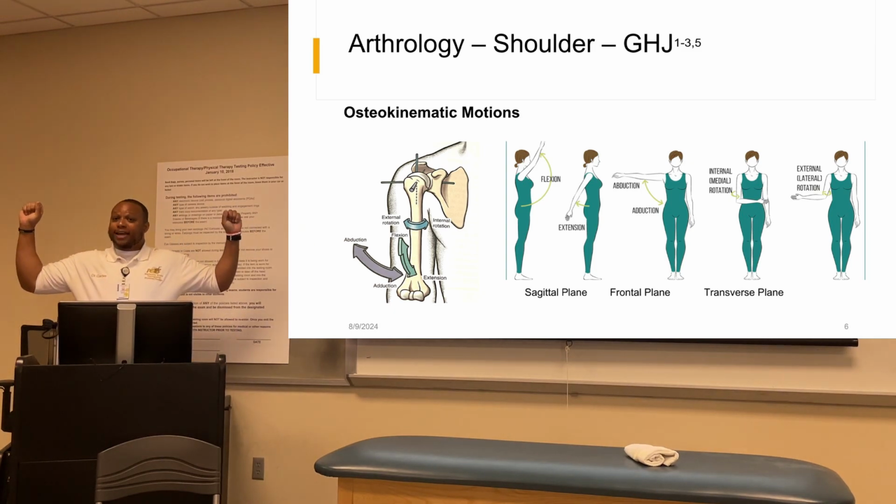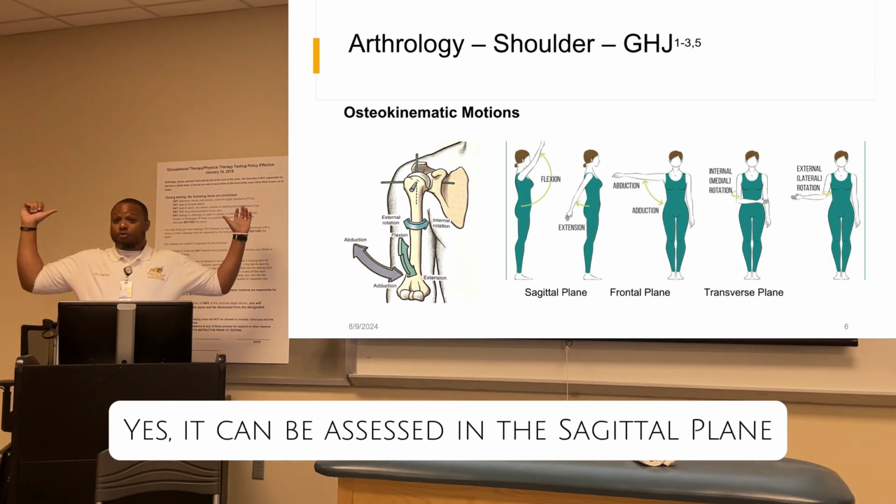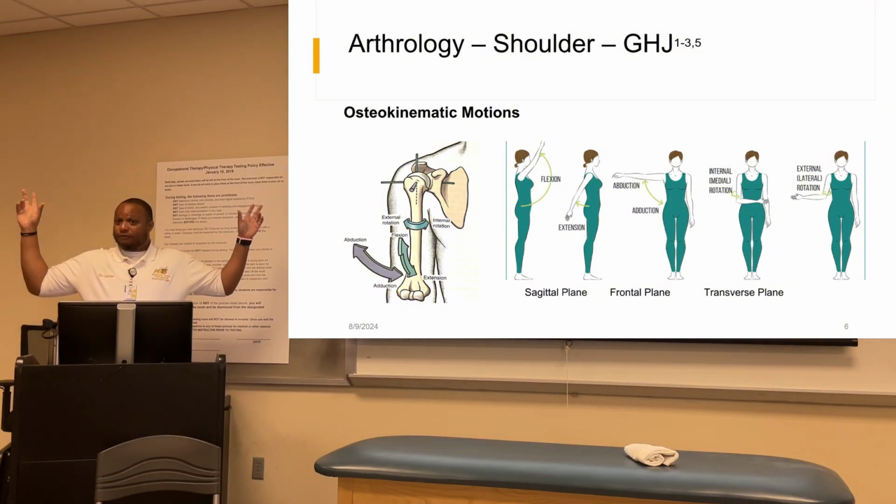So that means you can perform internal external rotation in the frontal plane. You can actually exercise someone with internal external rotation in the frontal plane. To achieve full external rotation in the frontal plane requires recruitment of other muscles as well. It's very fascinating. One of those major muscles being middle trapezius.